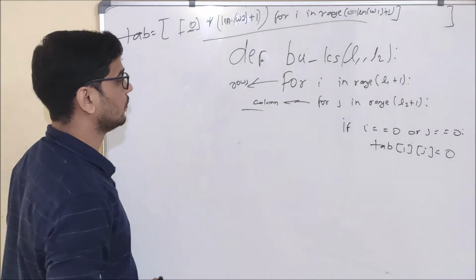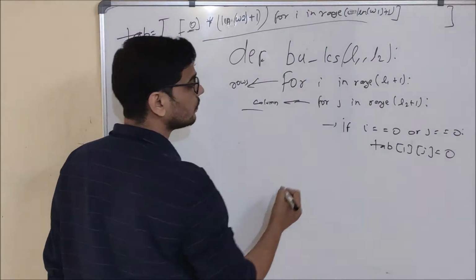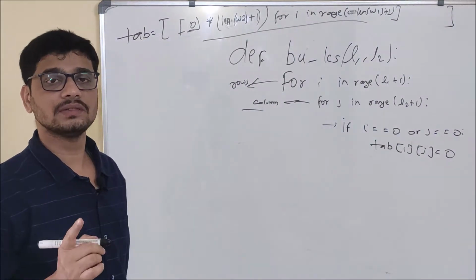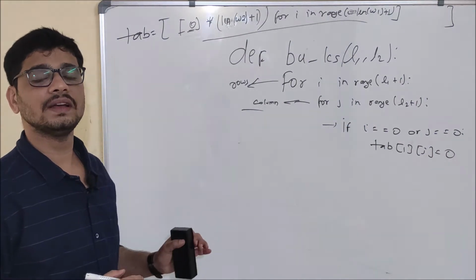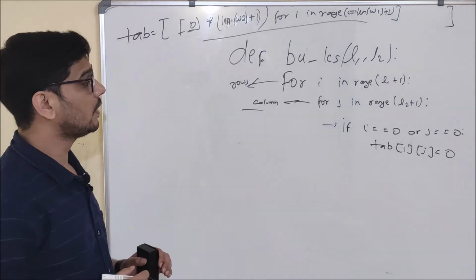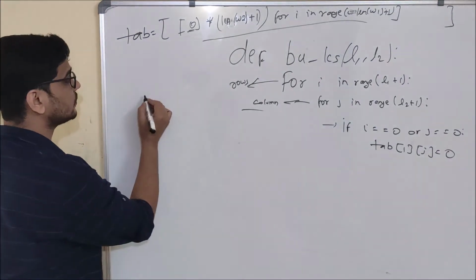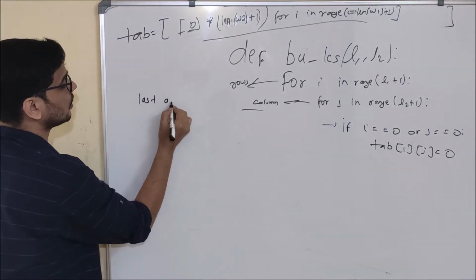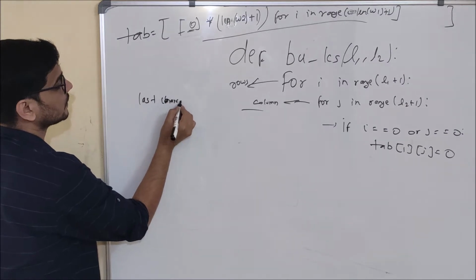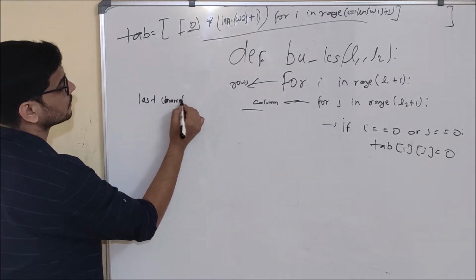Now we will proceed and check the other cases in this bottom up program. If you remember, in our recursive equation, case one was: if either of my strings is empty, then I fill 0. Otherwise, I check the last characters of both words.